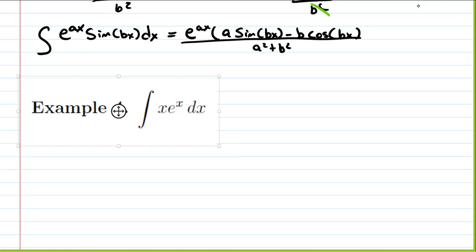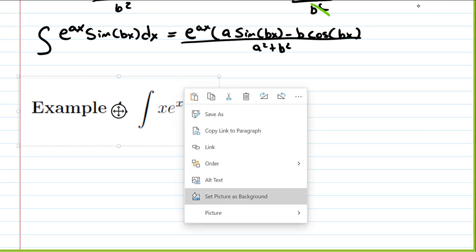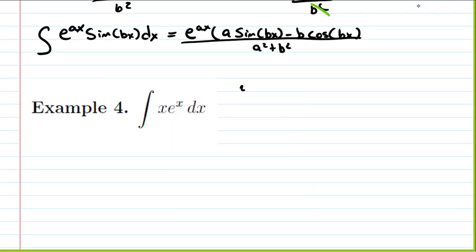So let's go ahead and do this one. This is really similar to one we did at the very beginning. So we're going to pick u equals x, and we're going to pick dv equals e to the x. So the integral of dv is v is e to the x, and our derivative du is going to be dx.